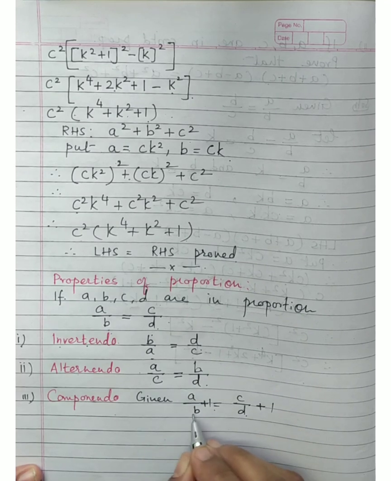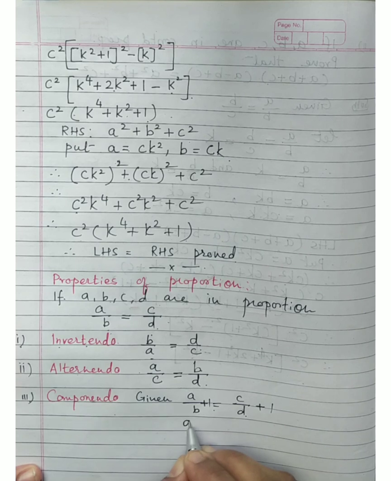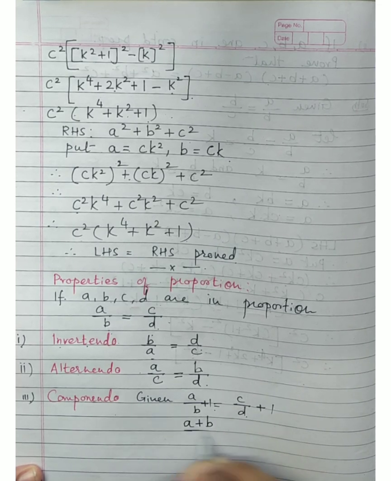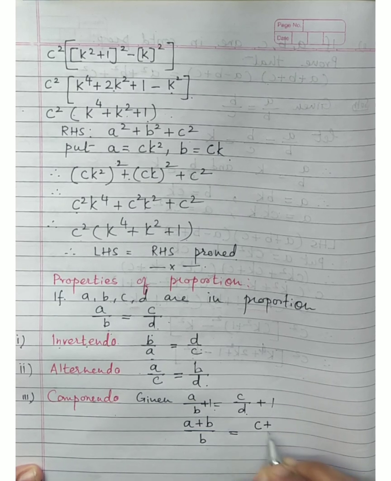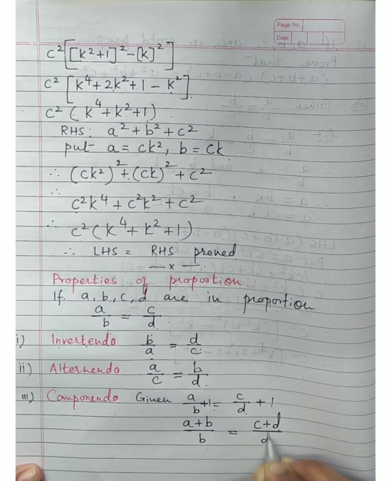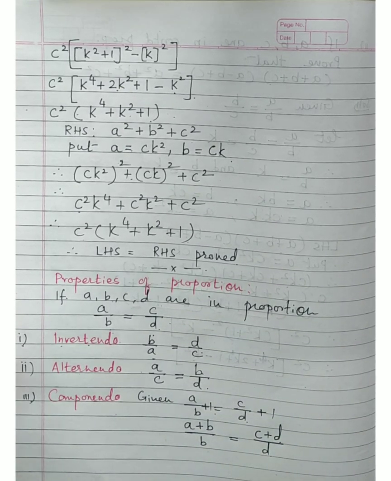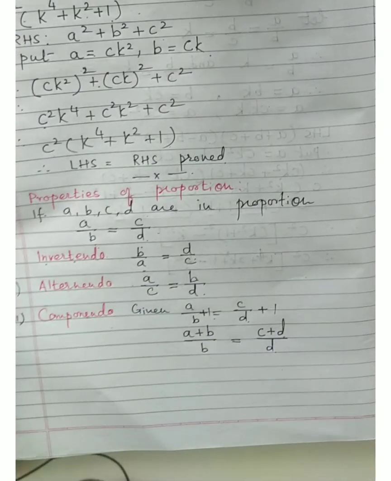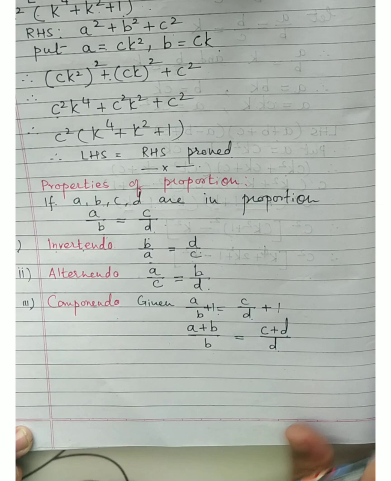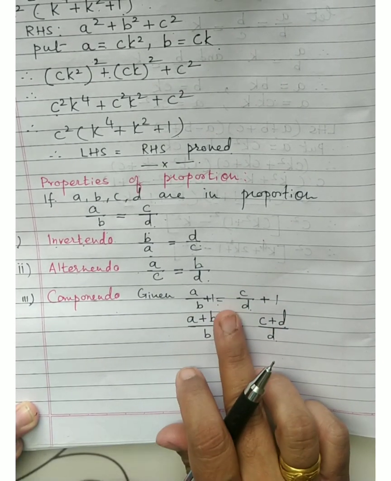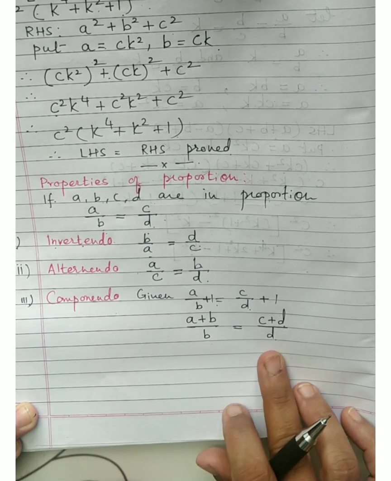I will get a plus b upon b is equal to c plus d upon d, using LCM. Yes, this property is known as componendo. So in short, if a upon b is equal to c upon d, then a plus b upon b will be equal to c plus d upon d.